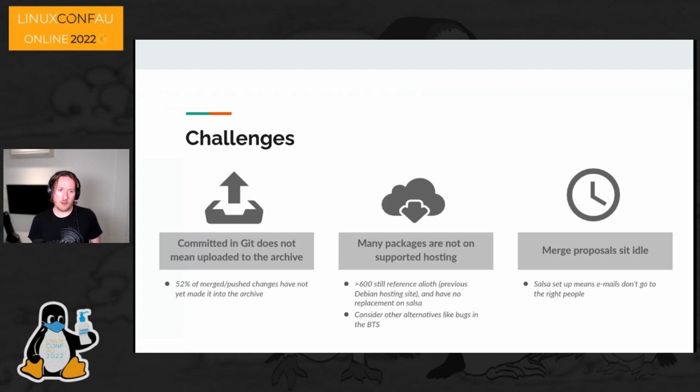So maybe we should consider alternatives like maybe not creating pull requests, but sending bug reports with diffs attached. And then finally, one of the challenges that we have with GitLab is the fact that for a lot of repositories, there's nobody who gets notified when there are pull requests. So the pull requests just sit there, and that's not because people don't care, it's just because they don't know about the pull requests.